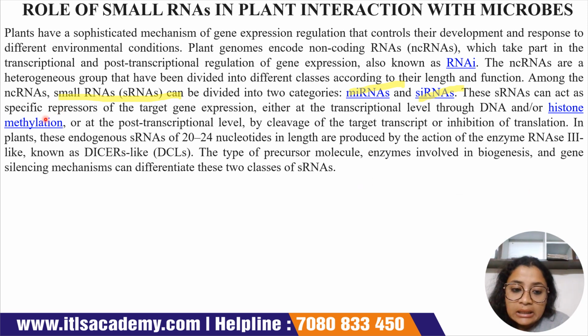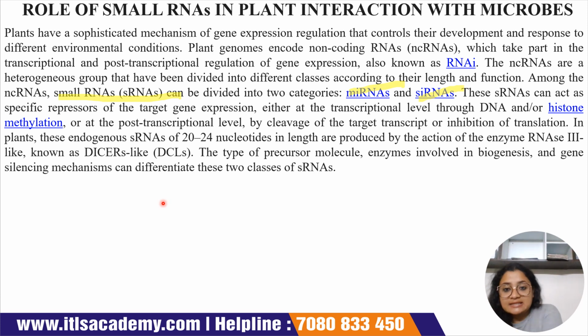Okay. In plants, these endogenous RNAs of 20 to 24 nucleotides in length are produced by the action of an enzyme which is somewhat like an RNase 3 enzyme. So it will be an RNase 3 like enzyme, not enzyme RNase 3 like, which is known as dicer-likes, or abbreviated as DCLs.